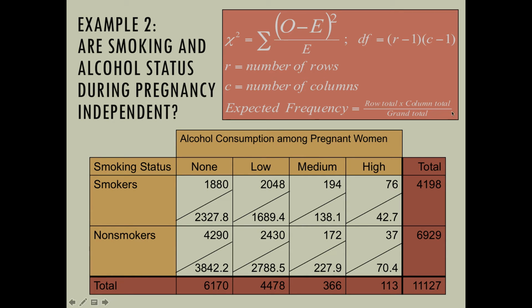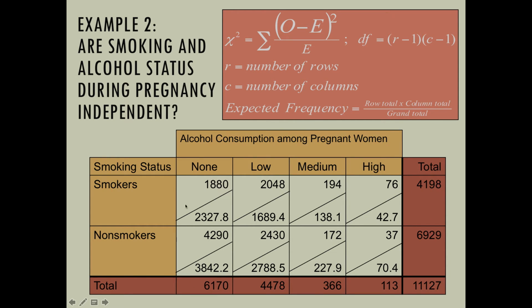Whew. Then the expected frequency, so this bottom number down here, that just means if we were to take a sample and get a really large number of people, how many people would we expect to fall into each of those categories? So to calculate that, you use the row total, this value here, times the column total.